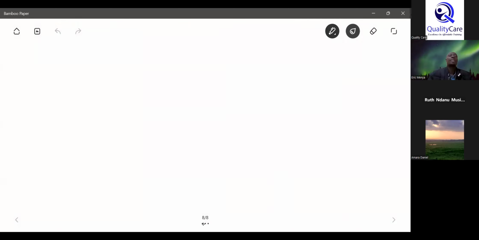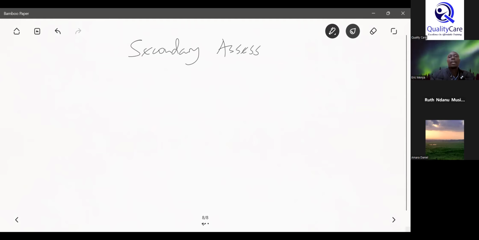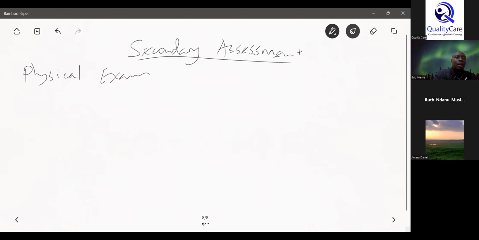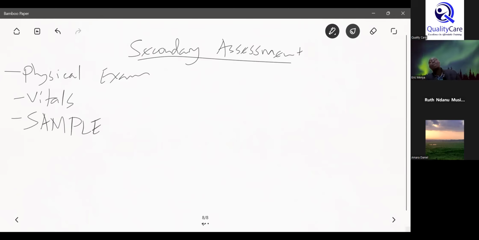So secondary assessment was the physical exam that came from our E. So physical exam, obtain vitals, if there's any that you haven't obtained during your primary assessment, and do a SAMPLE history of your patient.